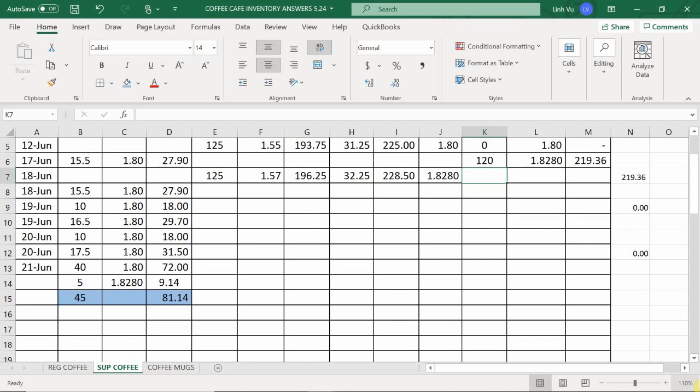Because it's first in, first out. Yes, first in, first out. Now we have our total values and updated our inventory.